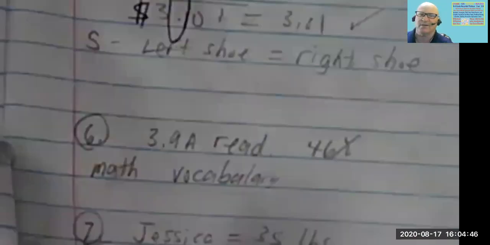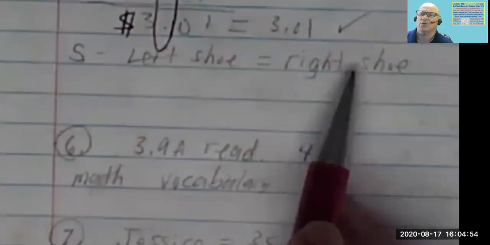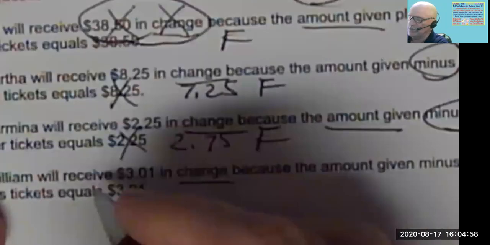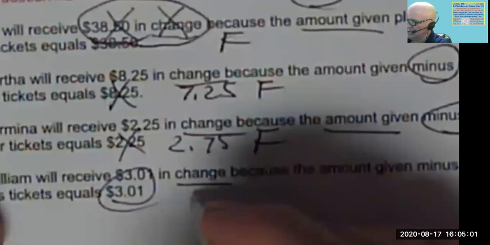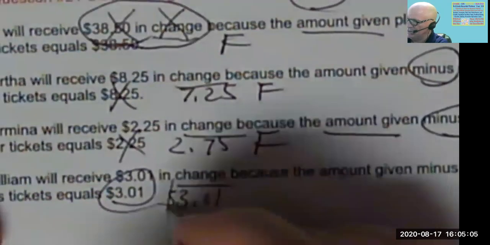$3.01 is left. And so $3.01 does match $3.01, which is what was given. Think of your left shoe, $3.01 being what we did, and the right shoe, $3.01, which is what they told us. So the answer is $3.01 in change.